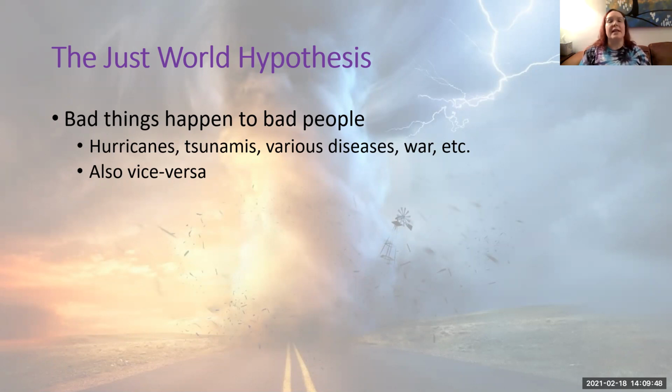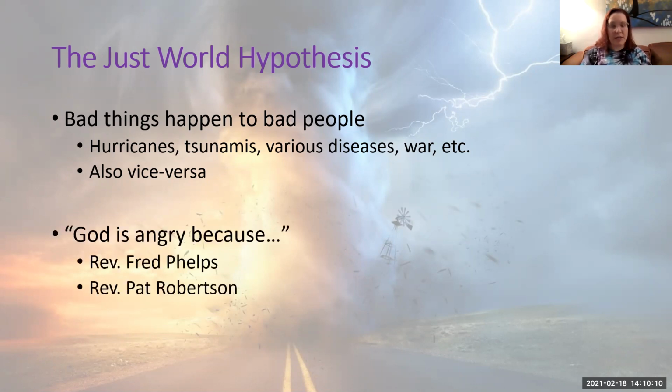One way to see the just world hypothesis in action is to listen to people who are presenting a message, oftentimes from an extremist perspective. And good examples of famous extremists are some pretty famous televangelists or religious folks.